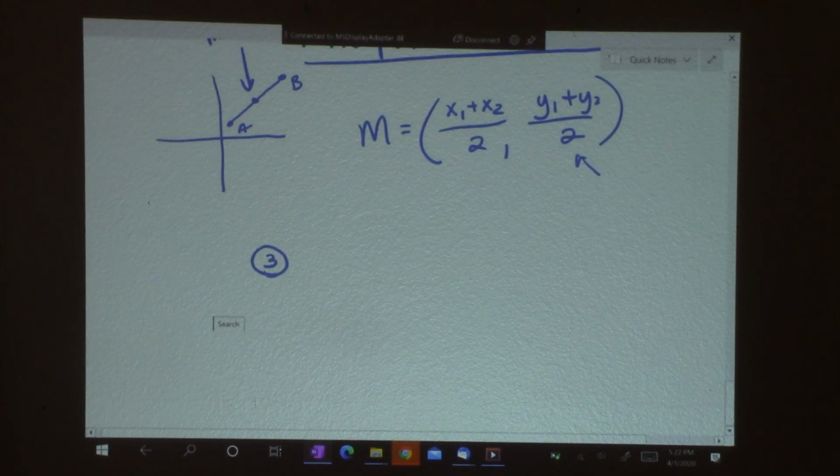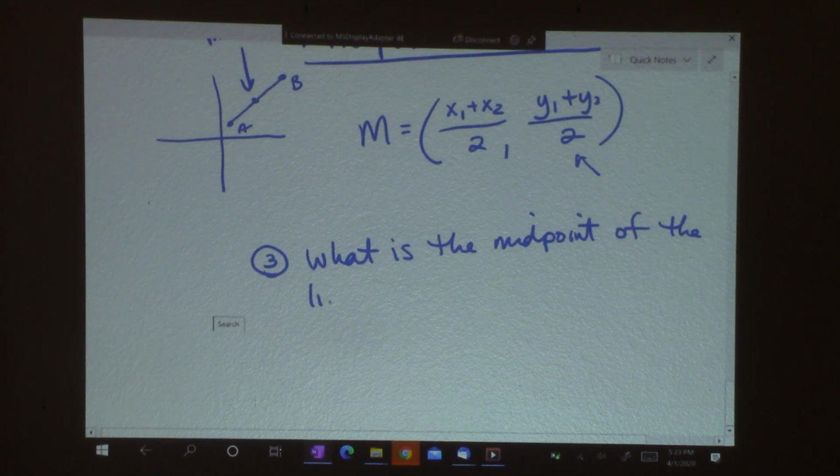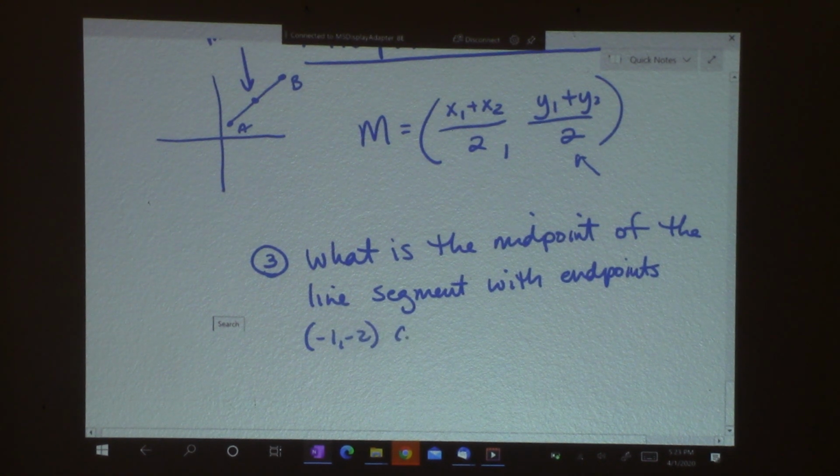This is number 3. What is the midpoint of the line segment with endpoints (-1, -2), I'm sorry, (-1, -2), and (3, -4)?